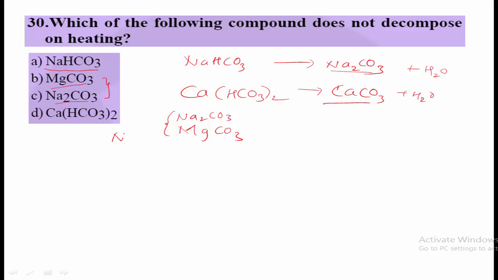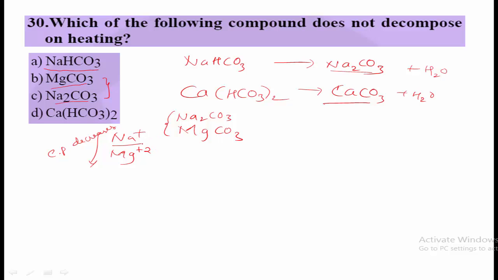As you know, down the group, electropositivity decreases. Therefore, Na plus is having more electropositive value than Mg plus 2.